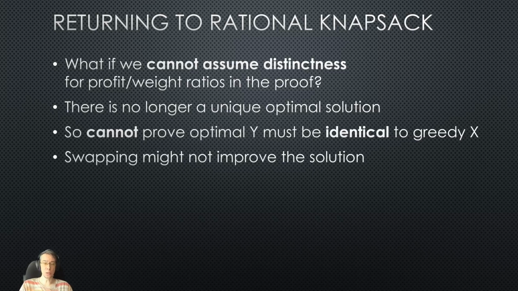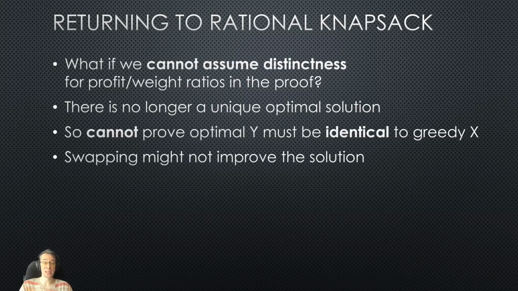Well, there's no longer a unique optimal solution. The way that we did the proof last time, we showed that there was a unique optimal solution that was exactly equal to greedy, and that was possible because there was distinctness for the profit-weight ratios.